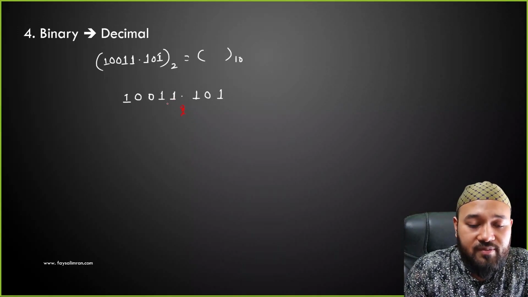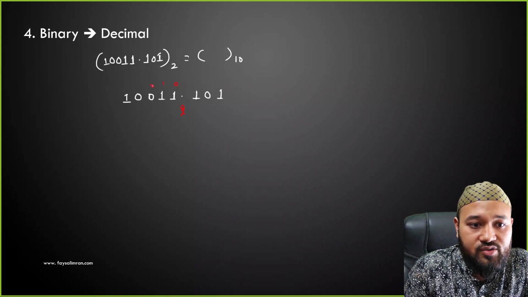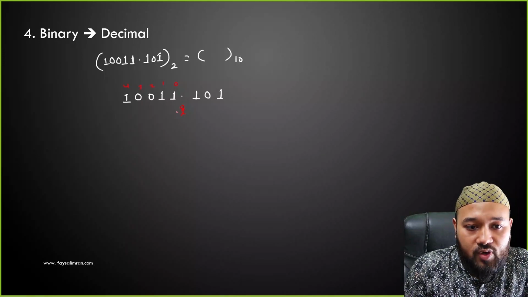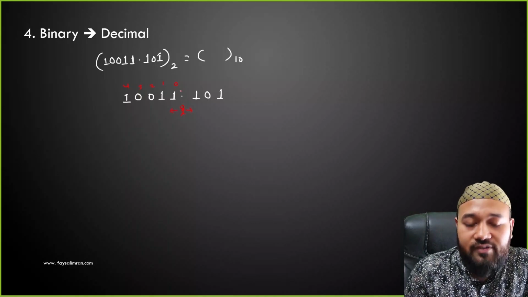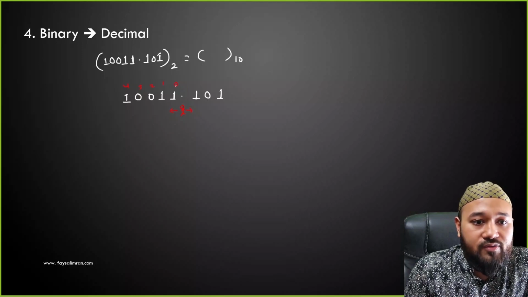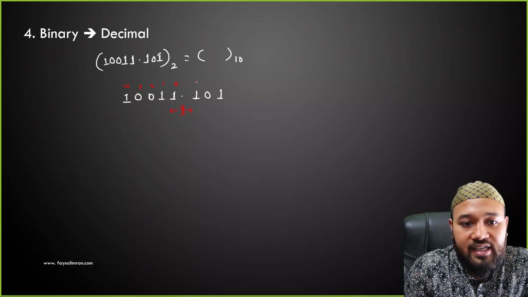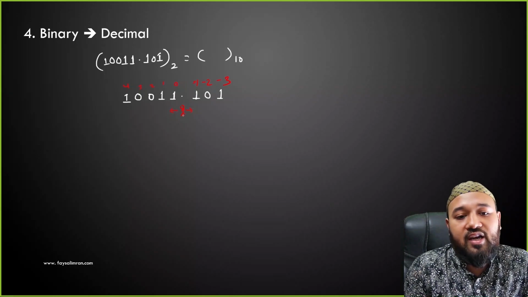So this is an integer part, so we start the value from 0, 0, 1, 2, 3, 4. This is the power. If you consider that you are in a place, you can go left and you can go right. If you go left, you keep the power from 0 to 4, and if you go right, you put the negative power, -1, -2, -3.